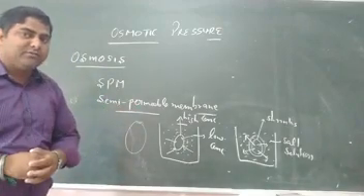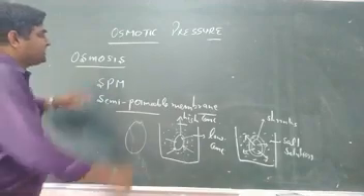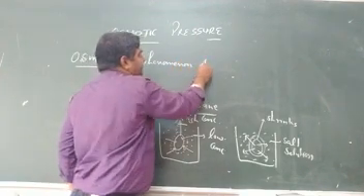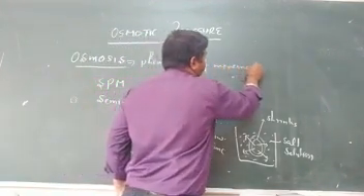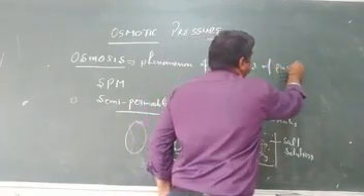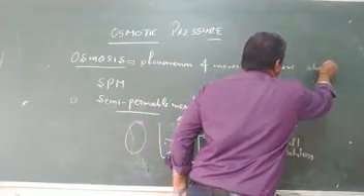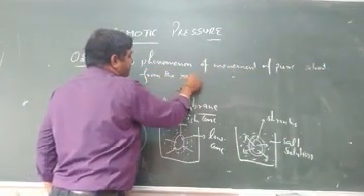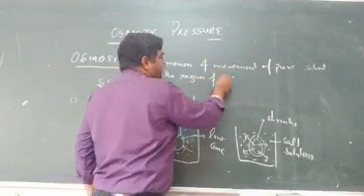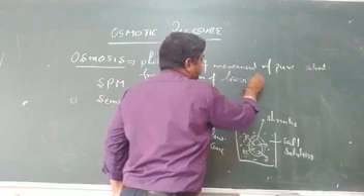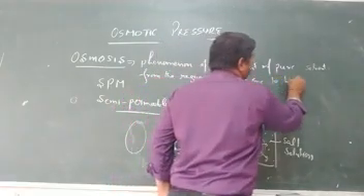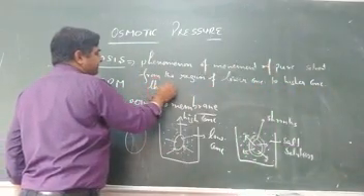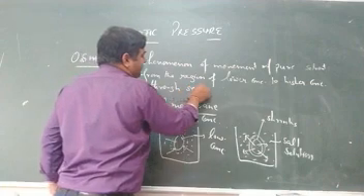So this is known as osmosis. So what is osmosis? Osmosis is the phenomenon of movement of pure solvent from a region of lower concentration to higher concentration through SPM, semi-permeable membrane.